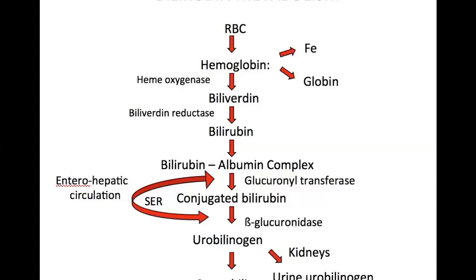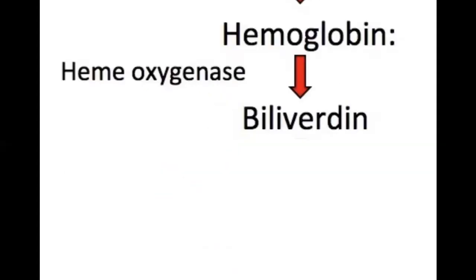Now let's zoom in. Whenever you have a pathway, you read the entire pathway first, then you try to dissect. So what I did was I went straight to hemoglobin. Hemoglobin is converted to biliverdin. Memorize this. This always comes out in exams.